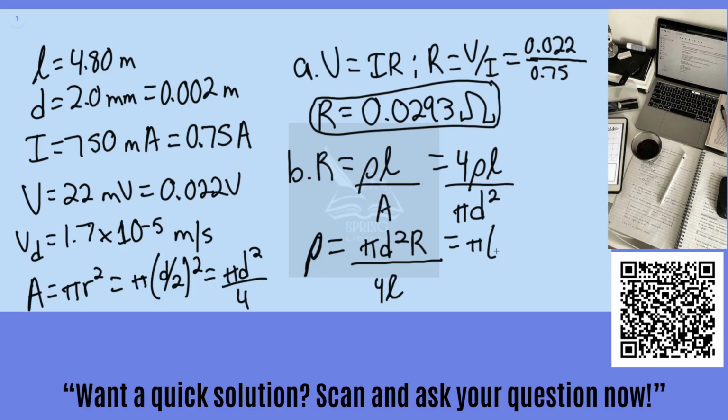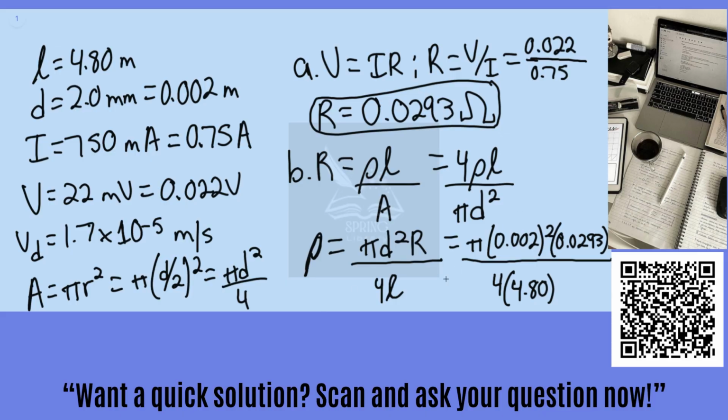There we go. So at this point, we can solve. So pi, and then we have 0.002 squared, and then times the resistance, 0.0293, divided by 4 times L, so 4 times 4.80 meters.